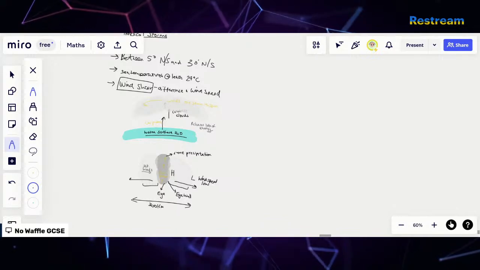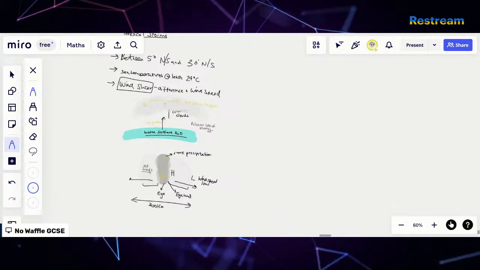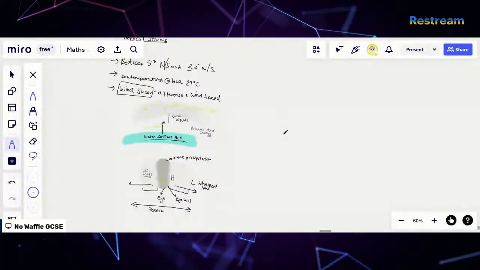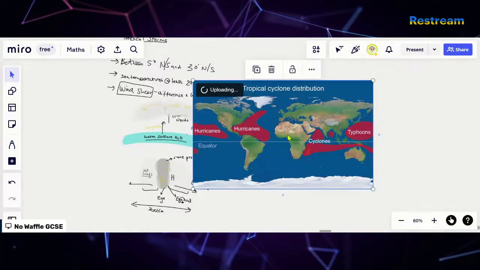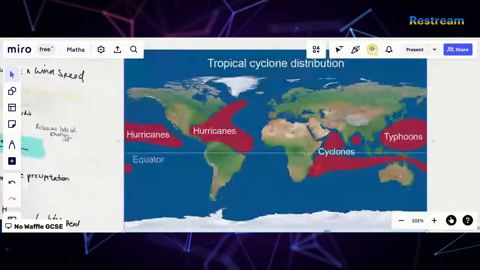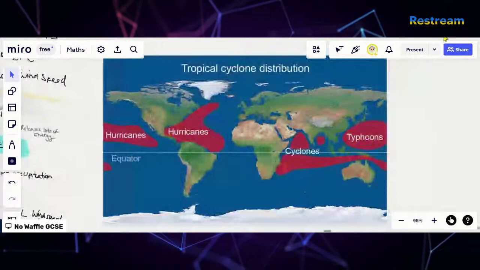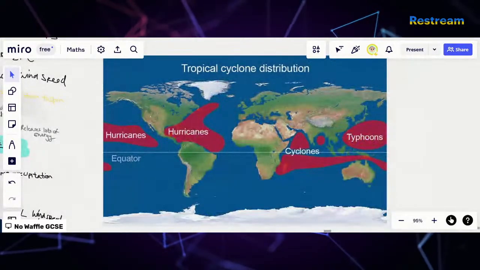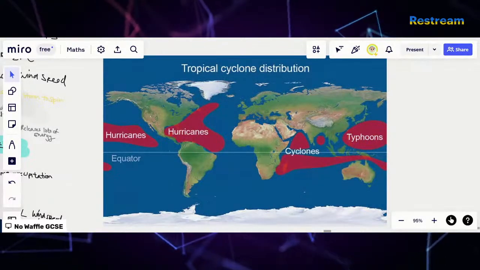So I'm pretty sure you've seen this map that I'm going to show you soon. Okay. So this is the tropical cyclone distribution. Now what we have here are where the tropical storms tend to lie and where they affect.